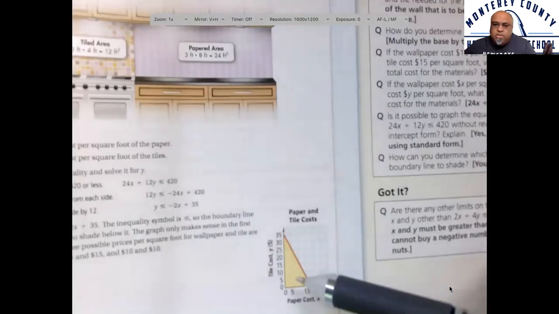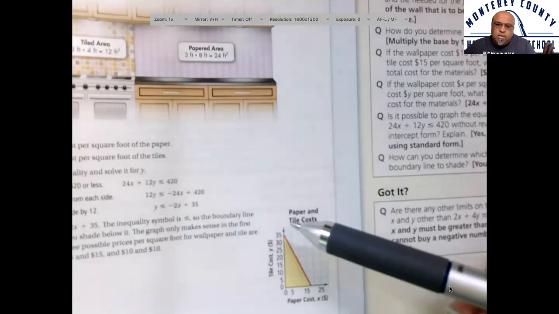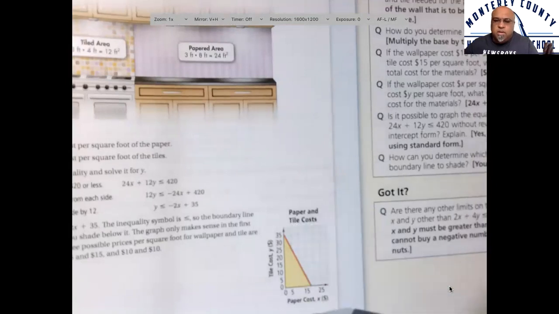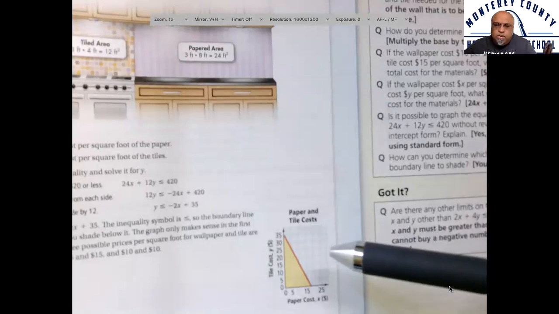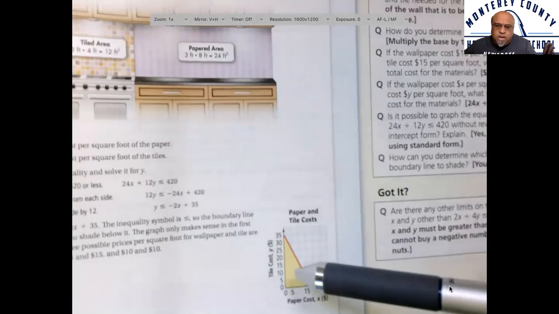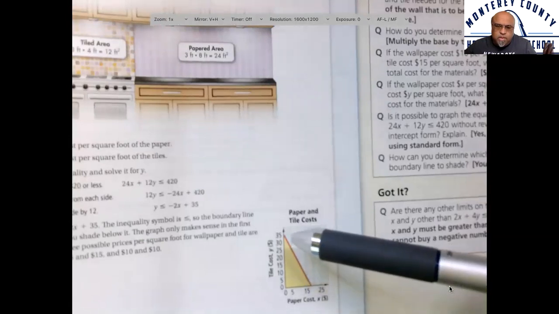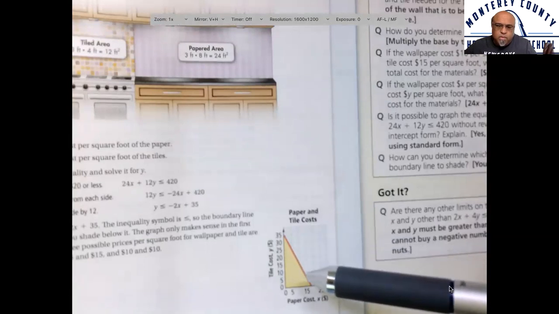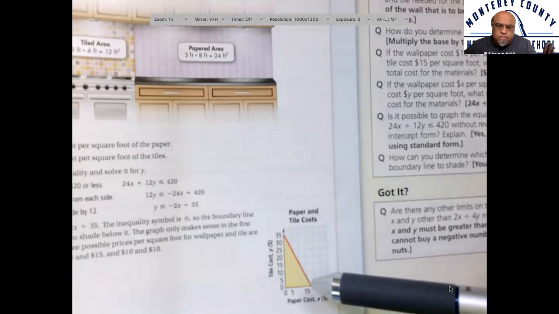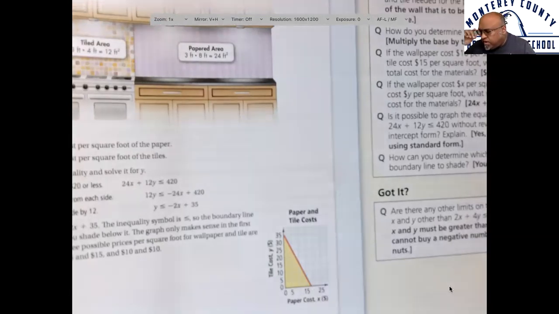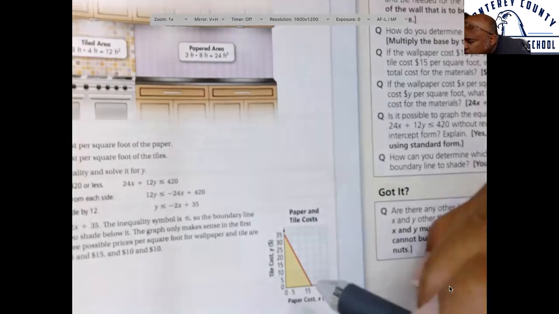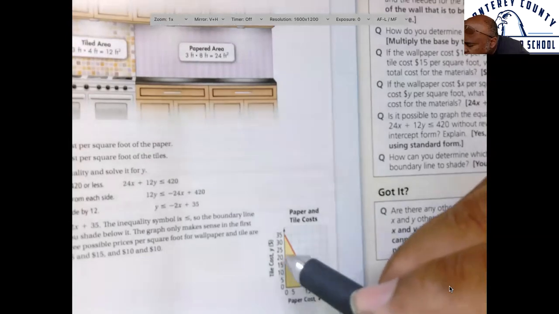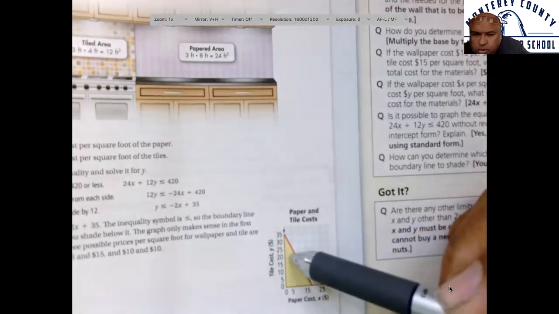So we have the cost of the tile here and the cost of the paper here. Okay. So one thing I wanted to see, the more that we pay for the tile, the less that we can pay for the paper. The more that we pay for the paper, the less that we can pay for the tile. Like for example, if the tile costs $20 per square foot, then that would put me right here.